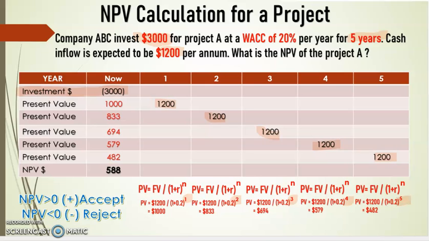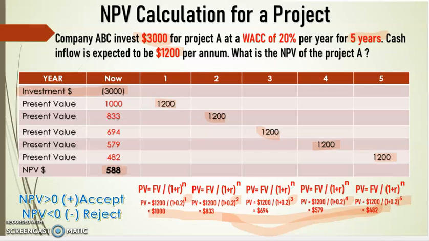You get 1,000 for the first year, 833 for the second year, 694 for the third year, 579 for the fourth year, and 482 for the fifth year. Then you take all these figures to our table and get the total.